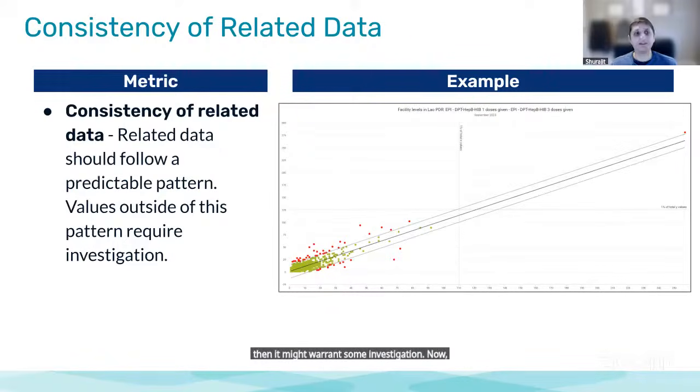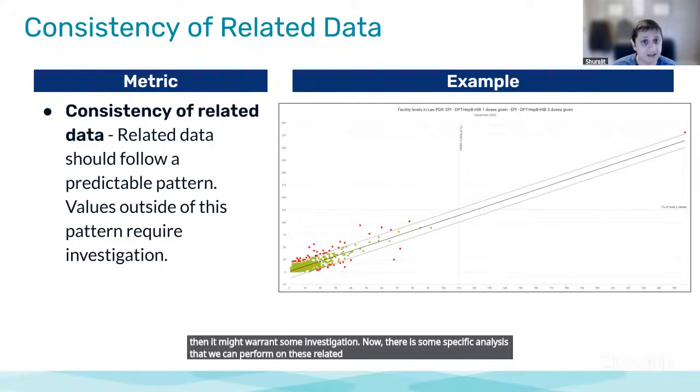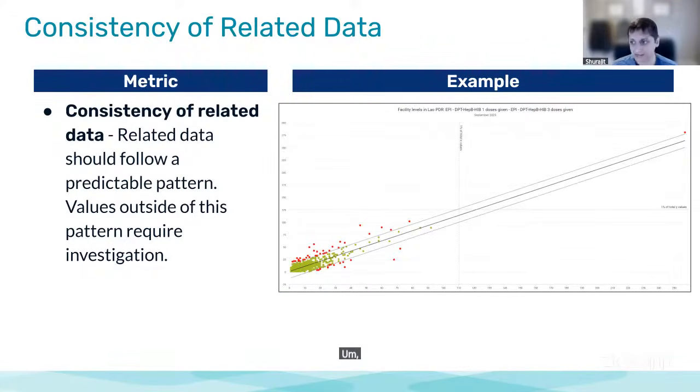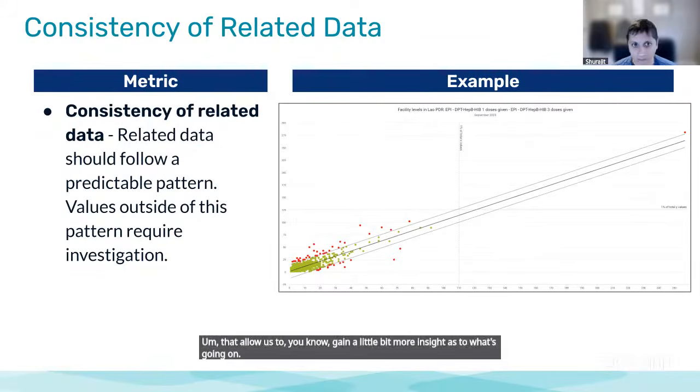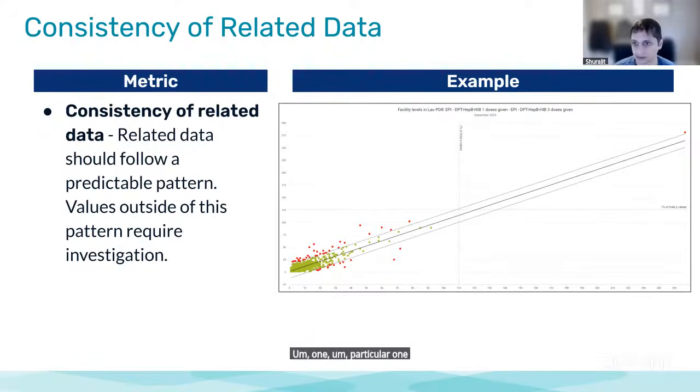Now, there is some specific analysis that we can perform on these related variables in addition to validation rules, which allows us to gain a little more insight into what's going on. One particular one I have on screen here, and I'll demonstrate it further, is a scatter plot.